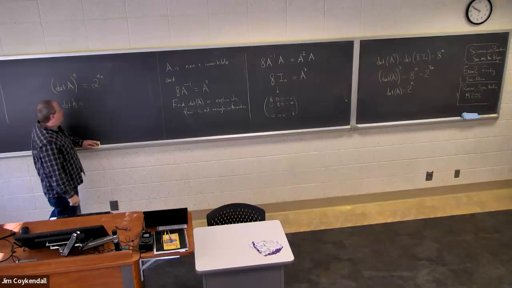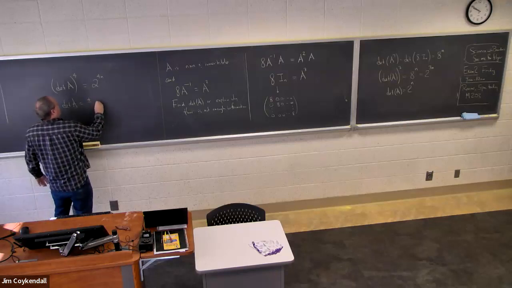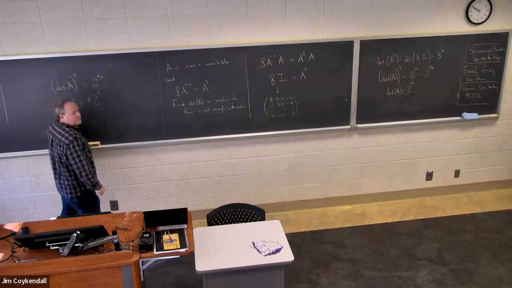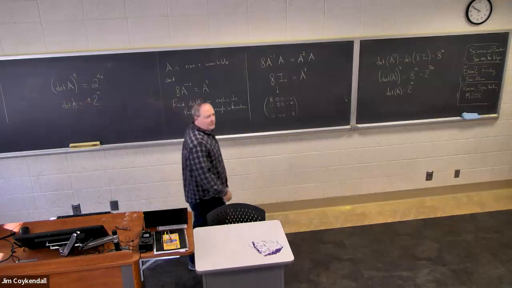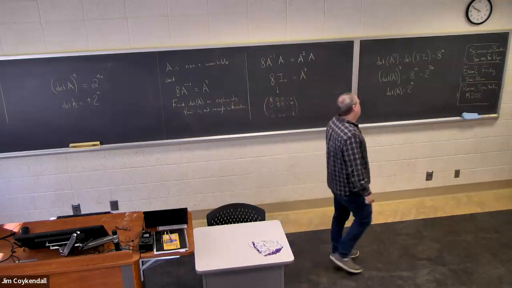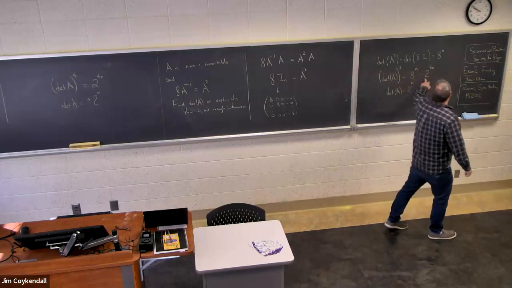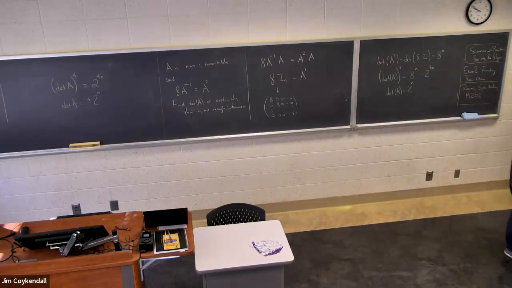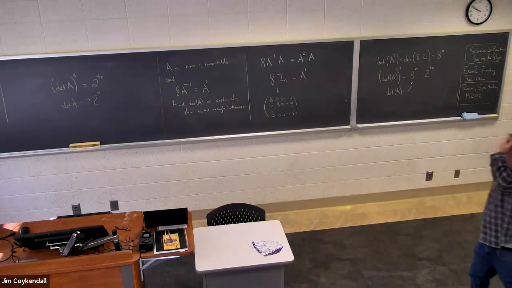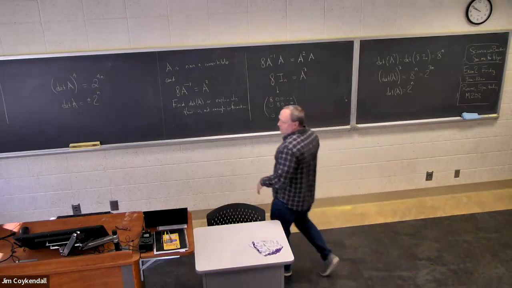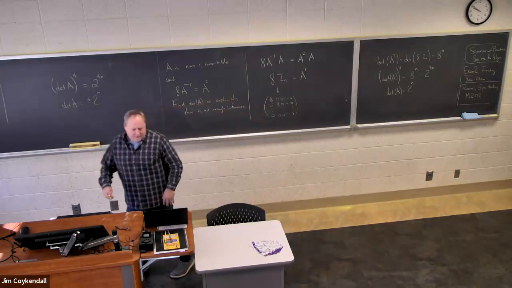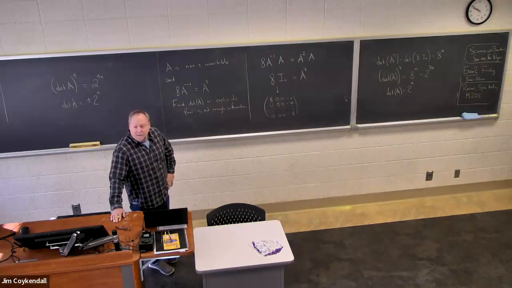Can't tell me exactly what it is because this could be plus or minus, because this is an even power. But when you take cube roots, the only real cube root of a positive real number is a positive real number. The other two are imaginary, or not imaginary, complex, but not real, which can't be the determinant of a real matrix. Okay. Everybody clear on that?